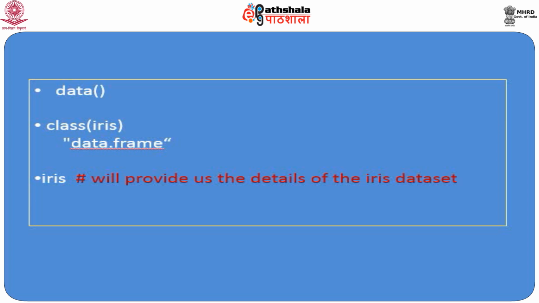So, unlike here, we do not know what the class of the data set is. So, let us see what is the class of the data set called iris. Here we know which function to use, and hence we are using the class function. We know this beforehand, and we have the output as data.frame. That is, the iris data set is basically a data frame.